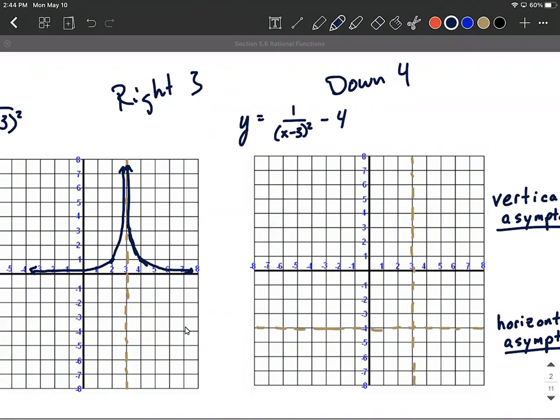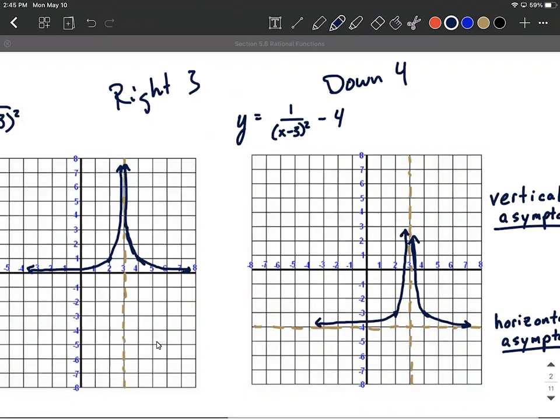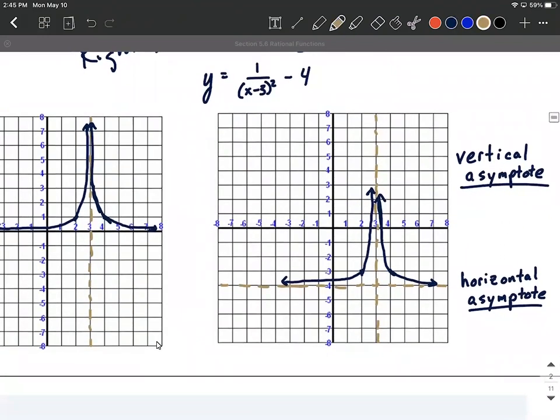Again, locate a couple points, up 1, right 1, up 1, left 1, from where these asymptotes intersect. And then get a nice sketch going with our graph. Hopefully that makes sense, that I'm really just picking up that previous graph, moving it down 4 units and setting it back down.